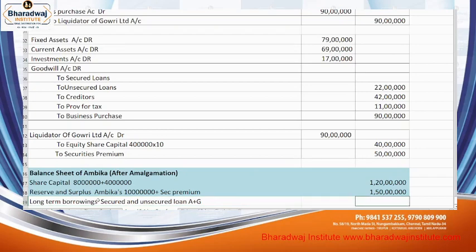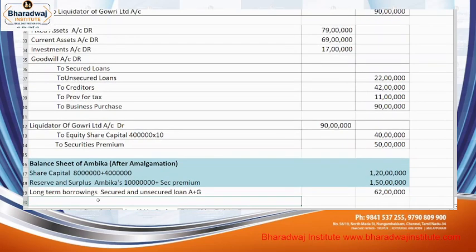How much? Total? Then Ambika plus Gauri.